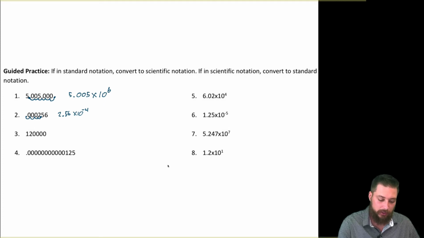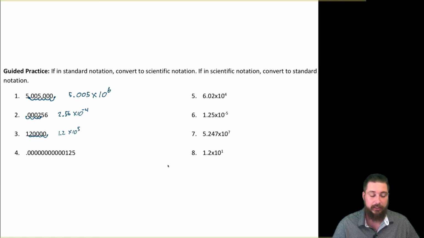All right, number 3, we have a decimal point right here. We're going to move it to where there's one number to the left. We end up with 1.2 times 10 to the 1, 2, 3, 4, 5. And it's a positive 5 because it's a large number. All right, this is a really small number.